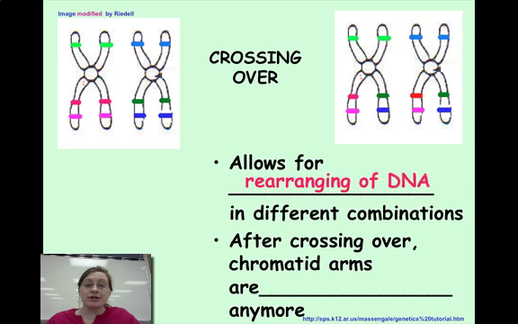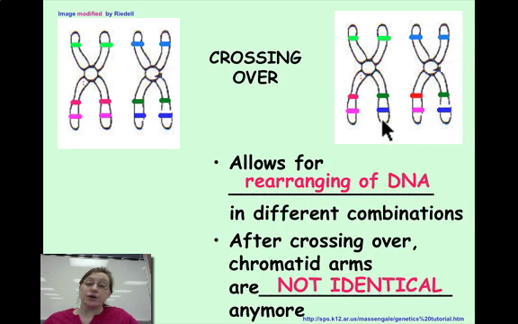With this rearrangement of DNA, when we look at an individual sister chromatid, they're no longer identical. Here on this side, this chromosome arm is identical to this chromosome arm.